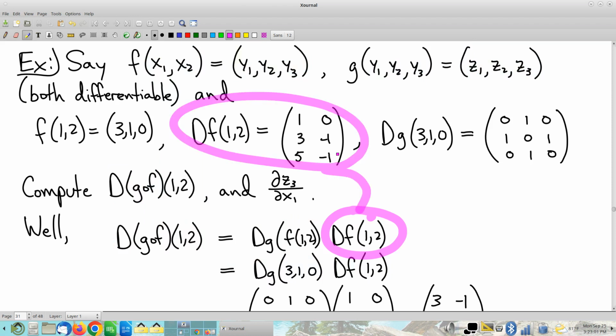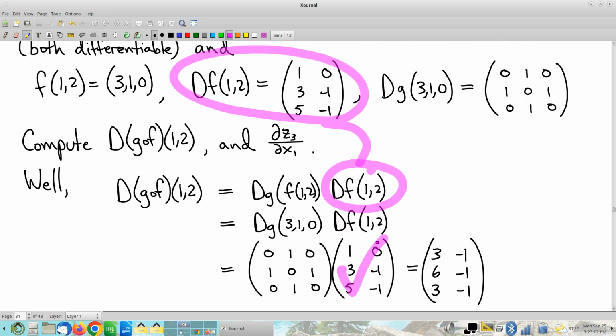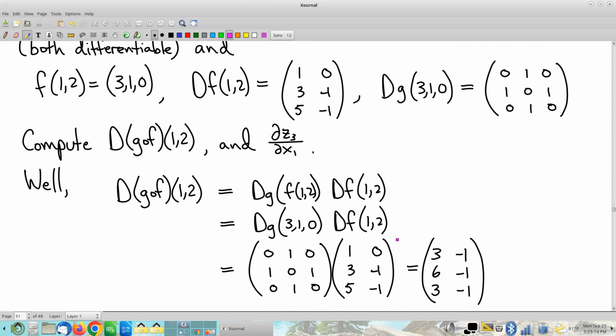And wouldn't you know it, that was given. So we write that down. Sometimes you have exactly what you need. Life is good.